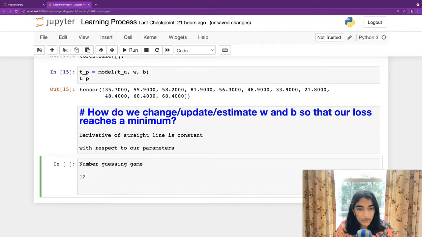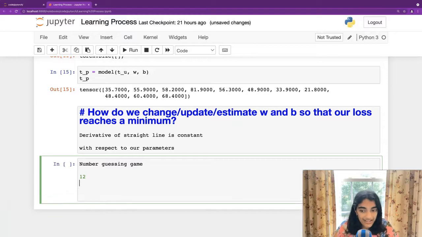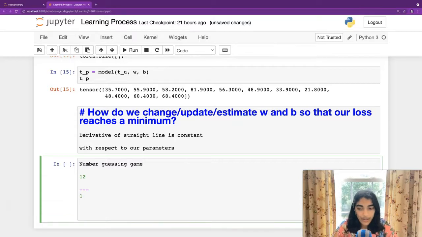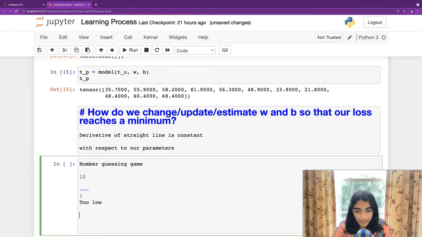To relate this to our parameter optimization, or loss function minimization, we can think of this secret number as our parameter. We need to figure out what that is. So we guess a number. An initial guess is 1, and we figure out 1 is too low.